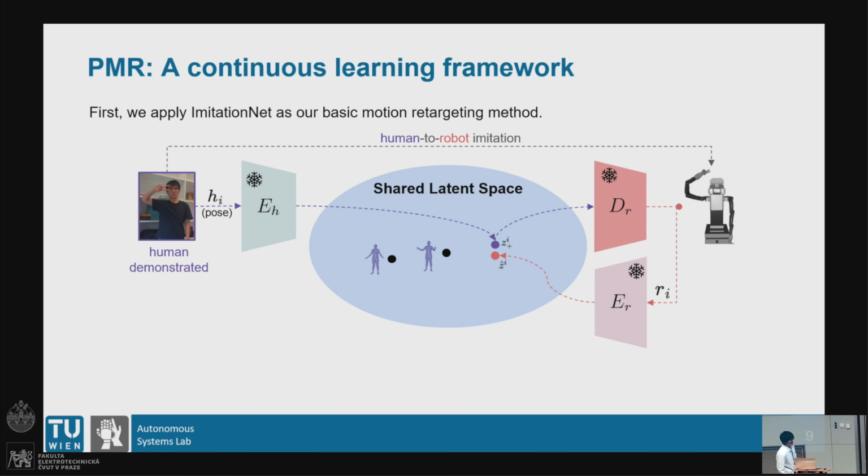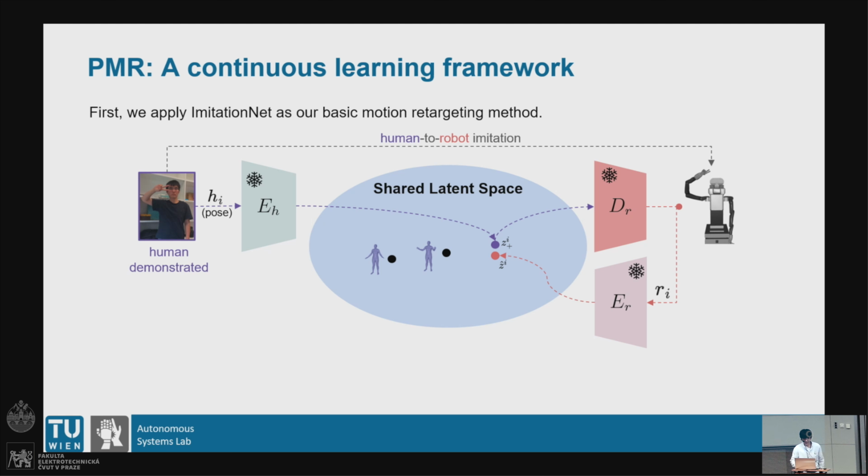So to improve the performance on this more user-specific motion retargeting, we introduced PMR, personalized motion retargeting, as a continuous framework. First, it uses ImitationNet as the basic motion retargeting method. Here, I show this simplified methodology. The human gives a demonstration and it goes through ImitationNet, and then the robot imitates the human.